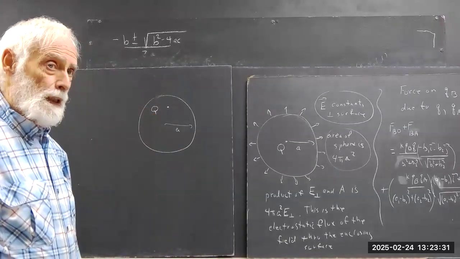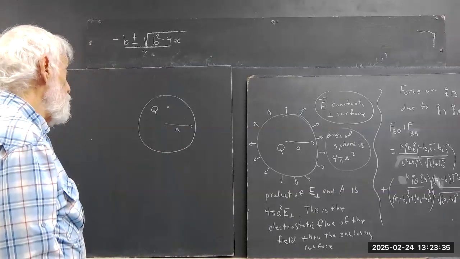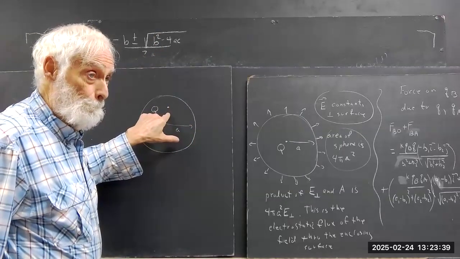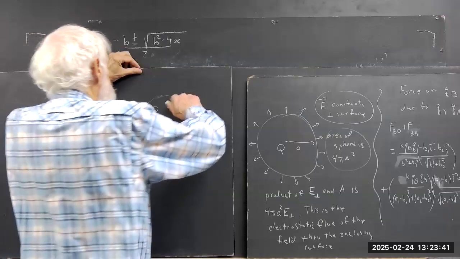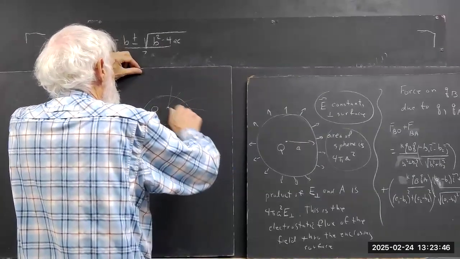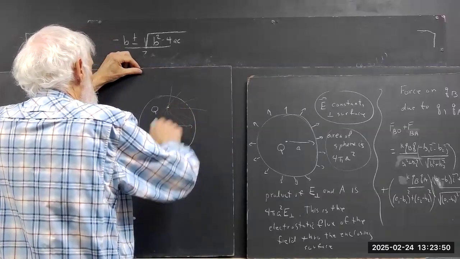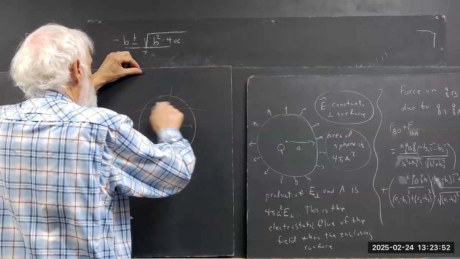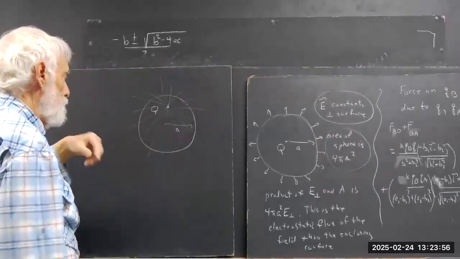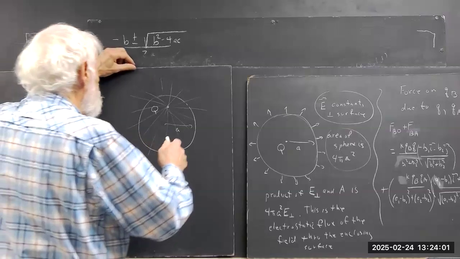Now, in this case, I could ask you to draw it, but what's the field going to look like? It's always going to be going straight away from the charge, right? So the field lines are going to be like this. They should be more equally spaced, but they are equal angles, close enough.